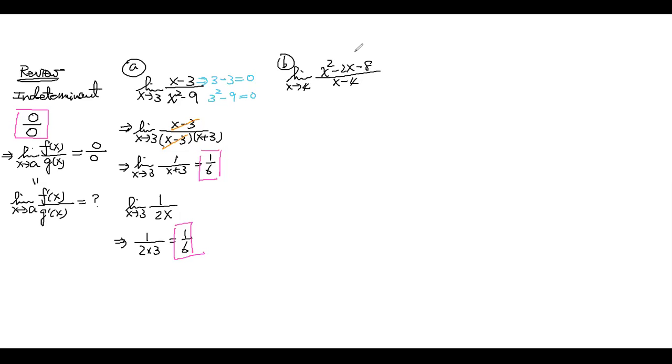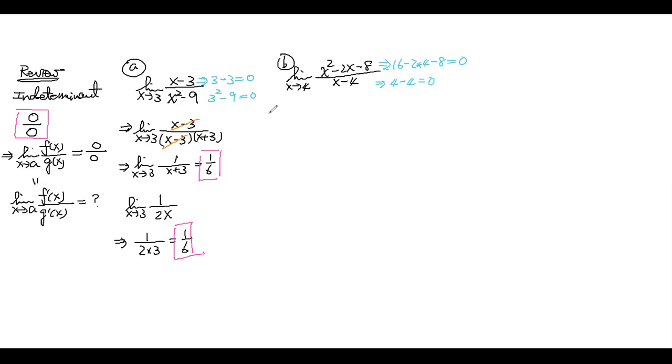Like I said, always plug the number in first, see what you have, right? So here, when you plug in the number 4, this is 16 minus 2 times 4, which is 8, minus 8. So this will give you 0. And when you plug 4 in here, 4 minus 4 is equal to 0. So what you have is the indeterminate form 0 over 0.